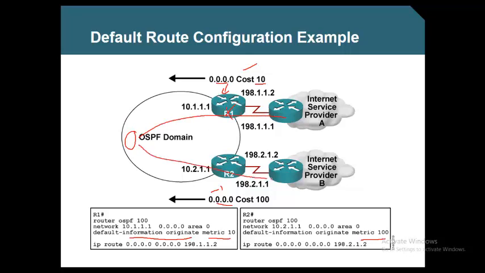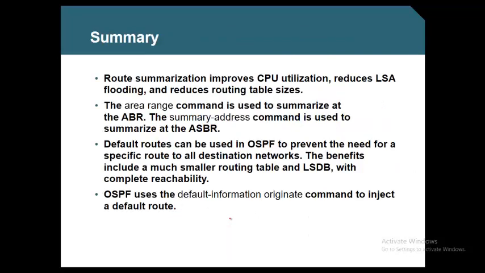So internet service provider A is preferred, primary. This is backup. So what we learn here is you can also use the metric keyword along with the default information originate.